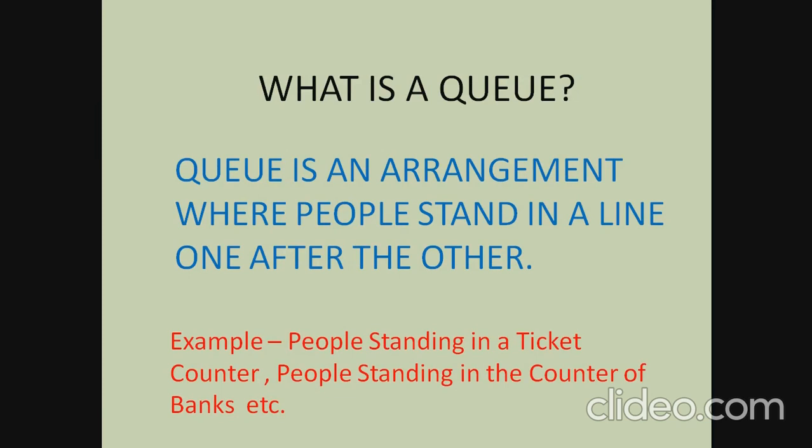When you come after some person or a group of people who are in a queue, you'll have to stand at the back of them. And who takes the ticket first? The person who is standing at the front of the queue takes the ticket and leaves the queue first. So these are a few protocols which we follow normally in a queue.